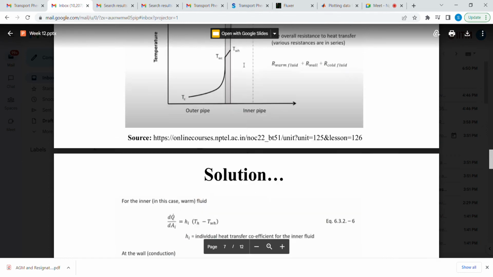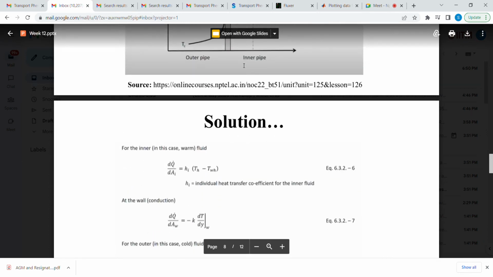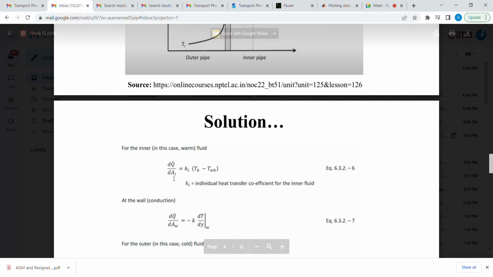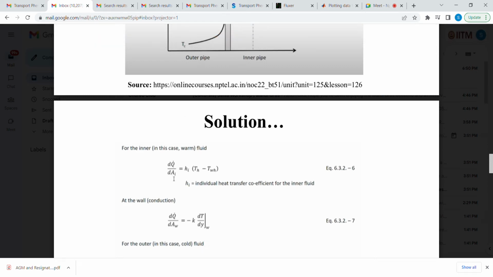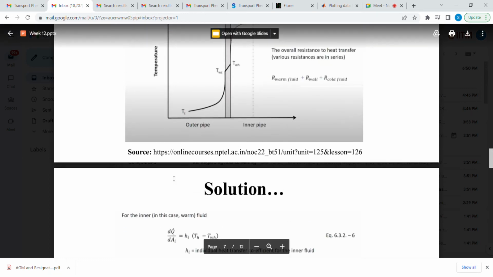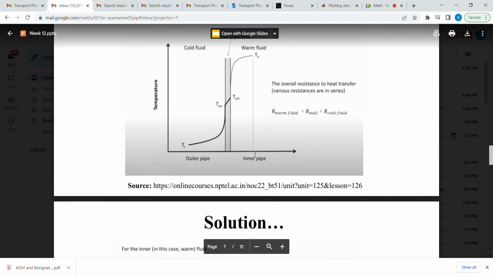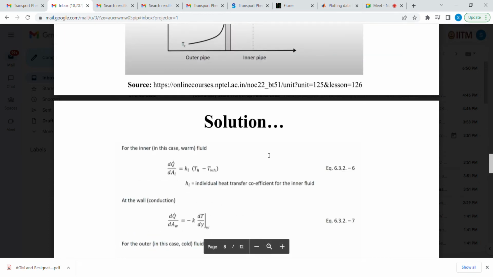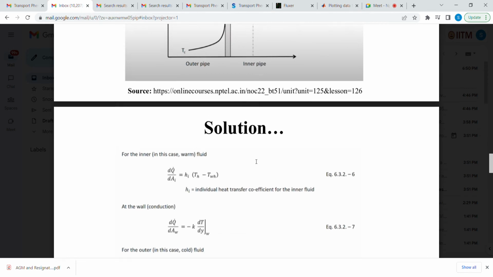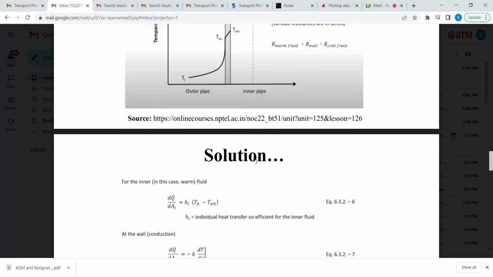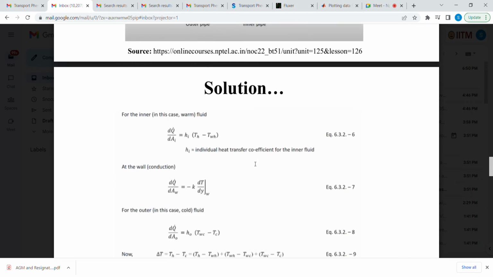So now, based on this figure, how will we derive this for the inner fluid, the warm fluid? The rate of change of heat transfer with respect to the local area is basically Hi into (Th minus Twh), where Hi is the individual heat transfer coefficient for the inner fluid, the warm fluid, the algal broth.